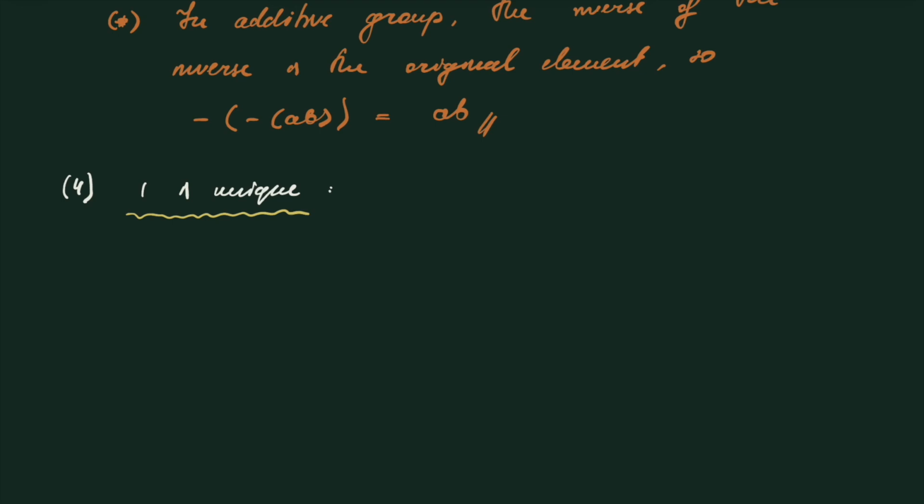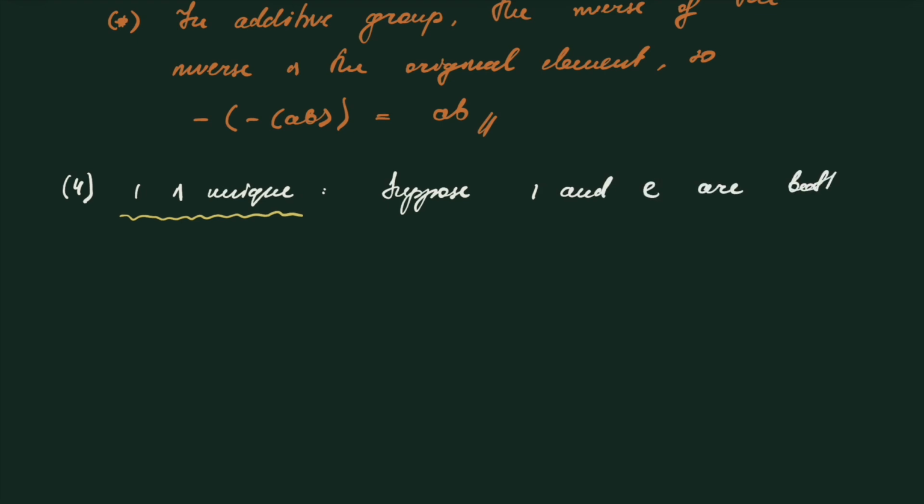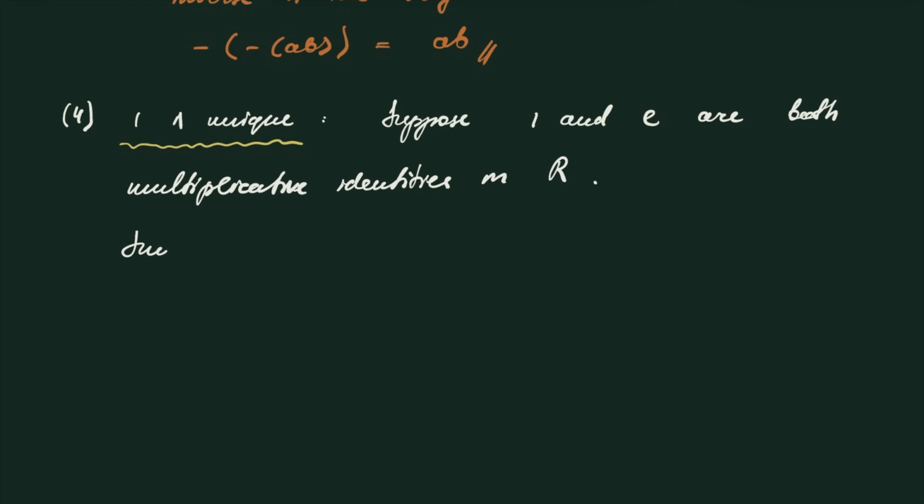Now, suppose 1 and, say, E are both multiplicative identities in R. We usually denote the identity as 1, but now that we suppose that there might be two of them, let's say that one of them is 1 and the other one is E, are both multiplicative identities in R. Now, since, let me write this as such.